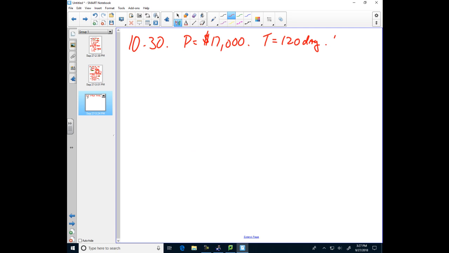This 120-day note means that at the end of 120 days, Sean needs to pay everything back plus the interest, or he's going to have to renegotiate his terms. That's all that means. The 12% still means 12% a year. Now, 120 days is not a whole year, is it?